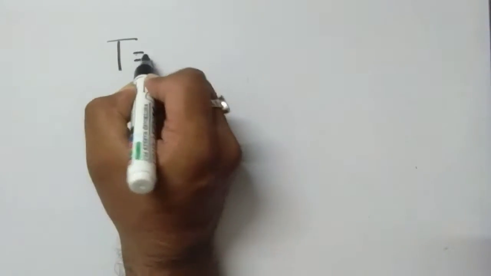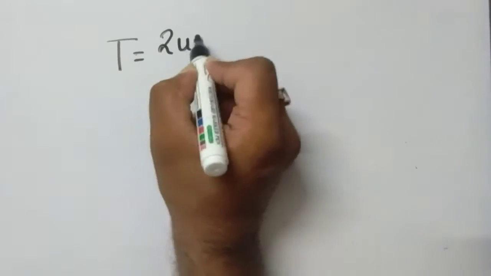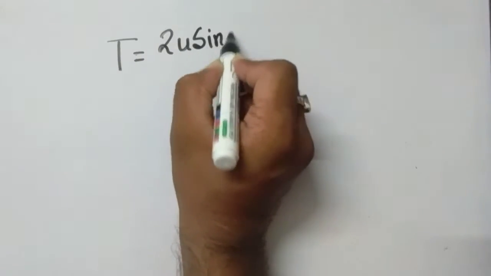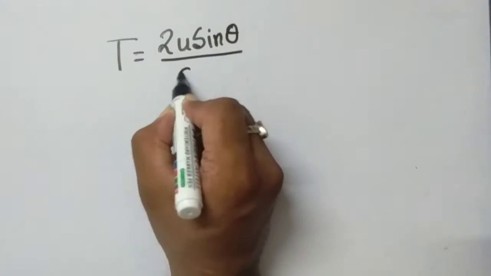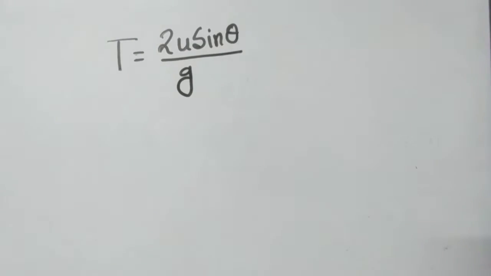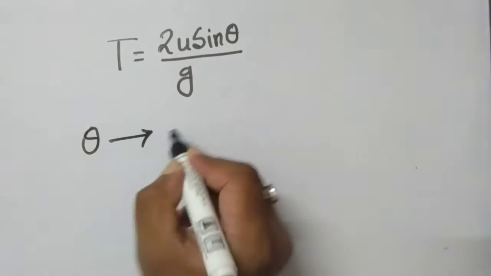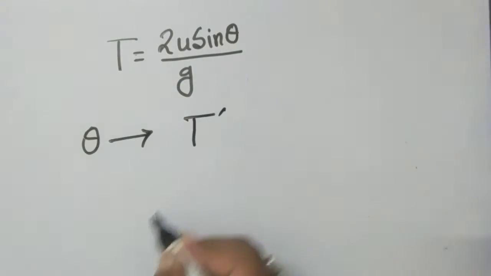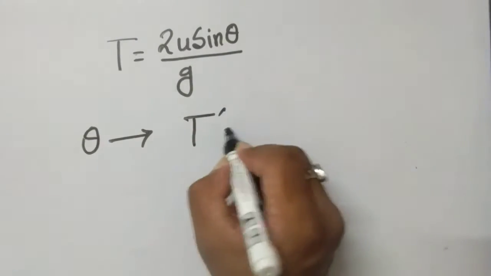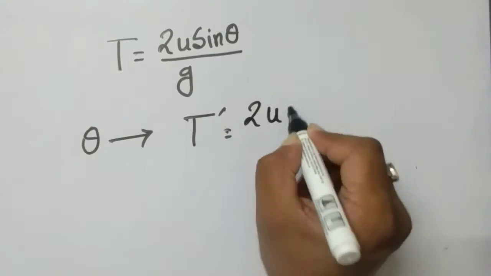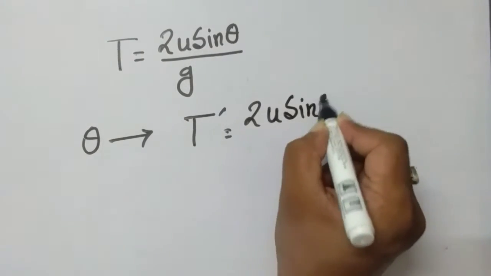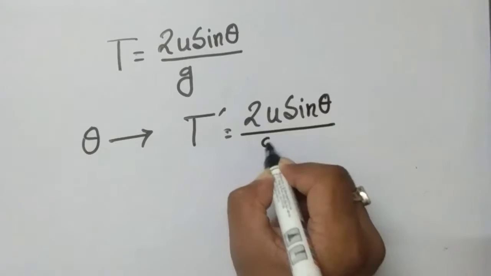If I am talking about the total time, the expression of total time is 2u sine theta divided by g. So for the angle of projection theta, if I say it is t dash, then it will be 2u sine theta divided by g.